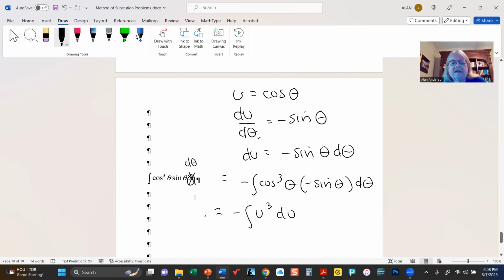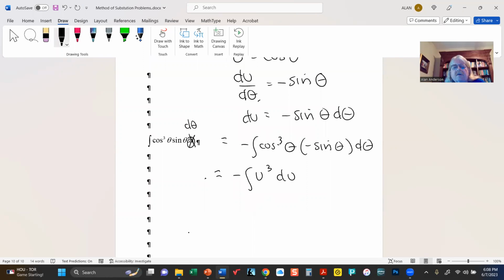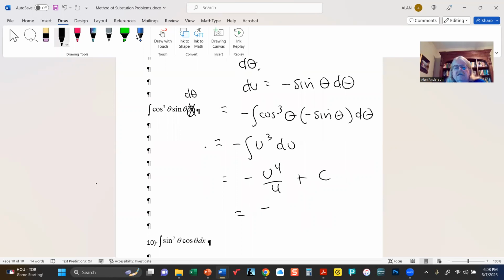So it looked like a nightmare at first, but that's all you have to do. It's very similar to what we were already doing. So remember, the u was defined as the cosine. And that's it, we're done.